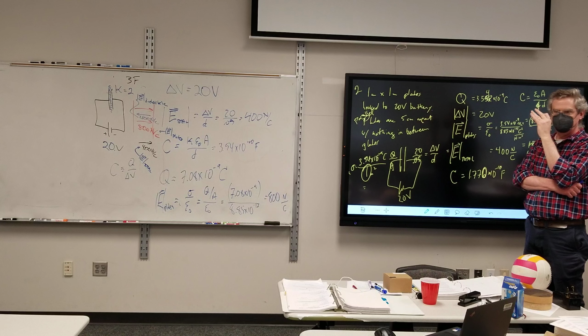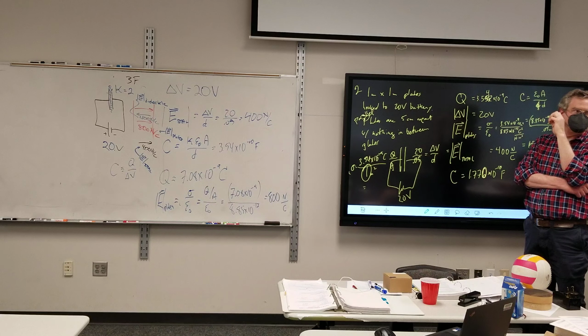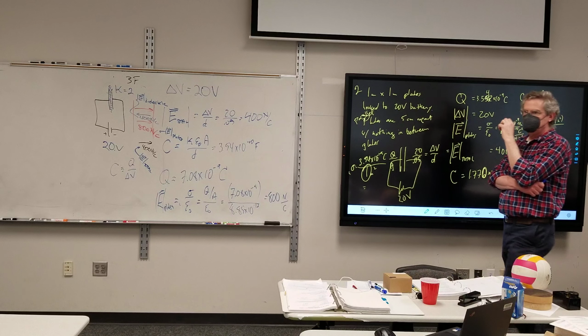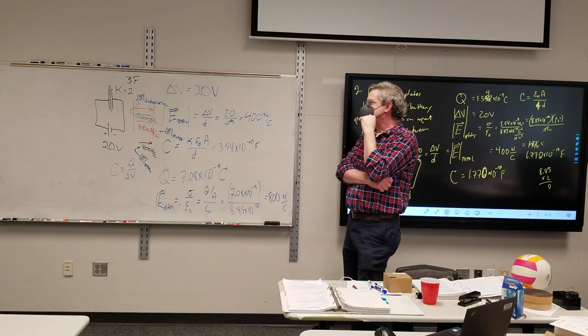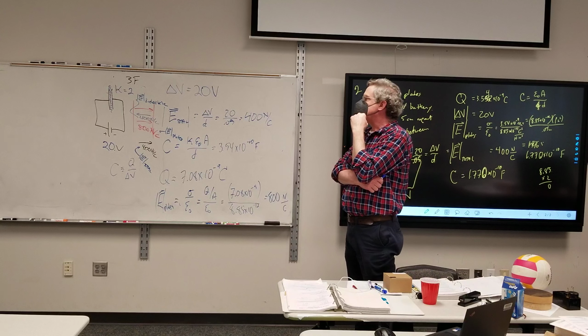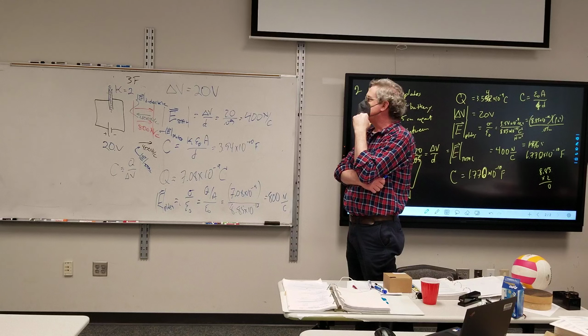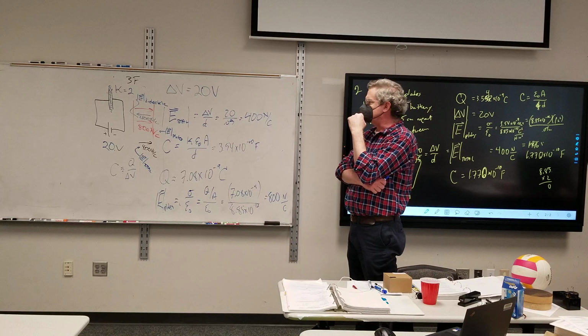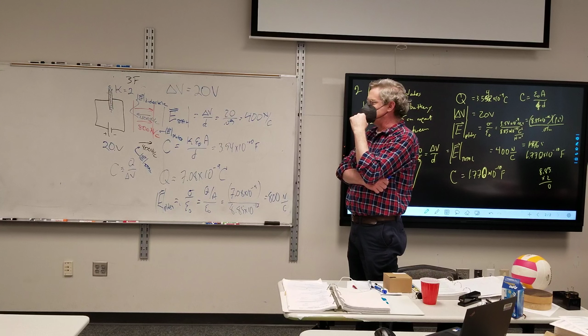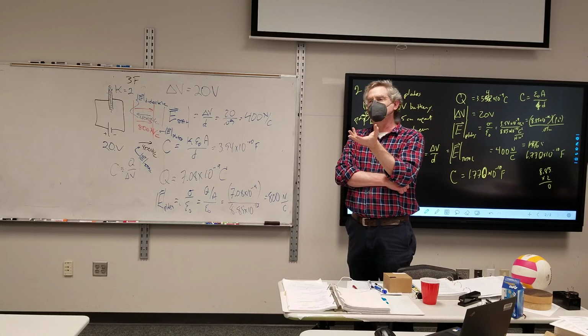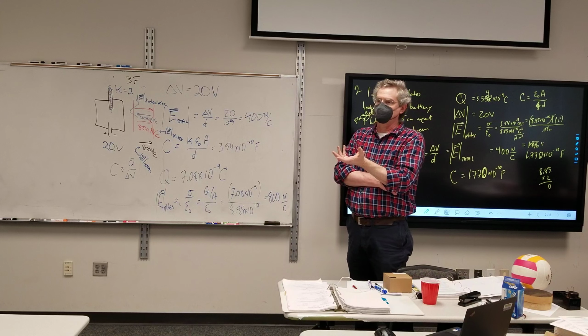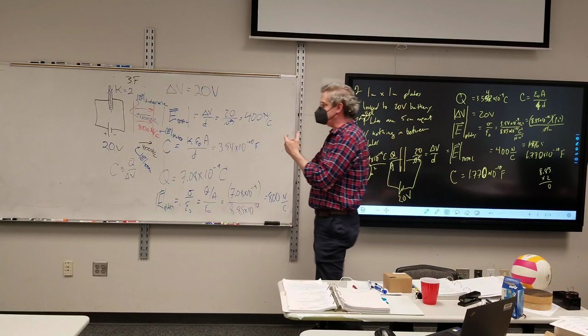Questions here? How do the plates have more electric field than the total? Because the total electric field is the sum of all the electric fields, so I've got two competing ones.